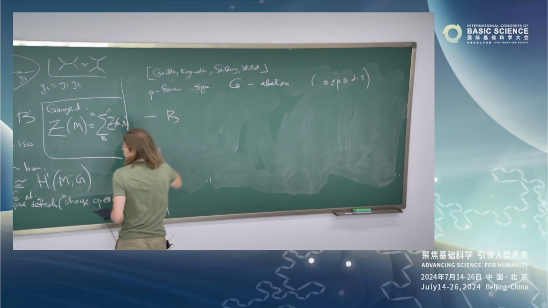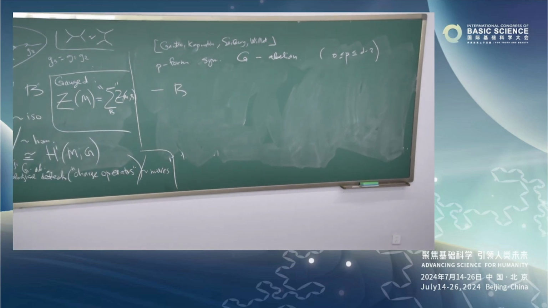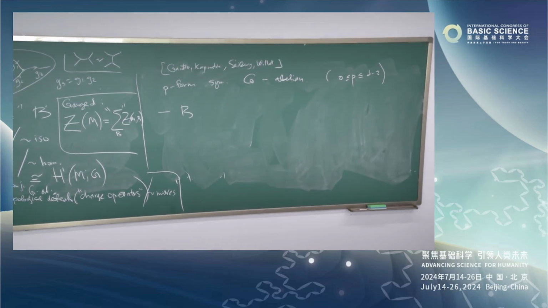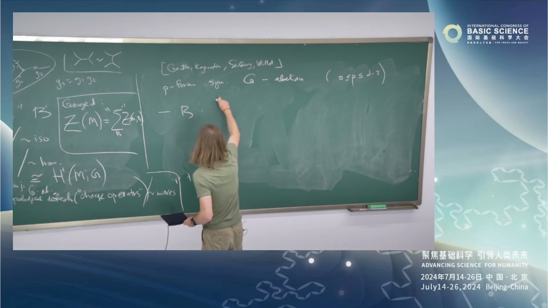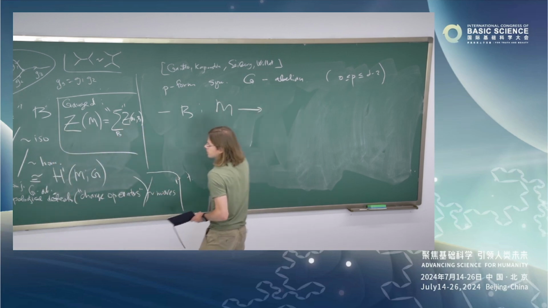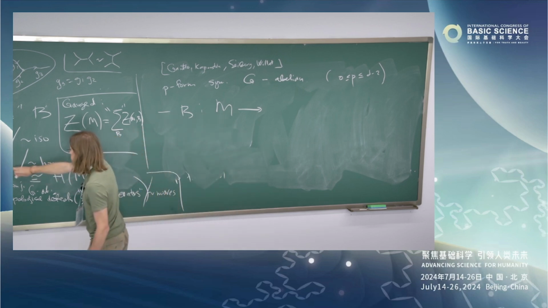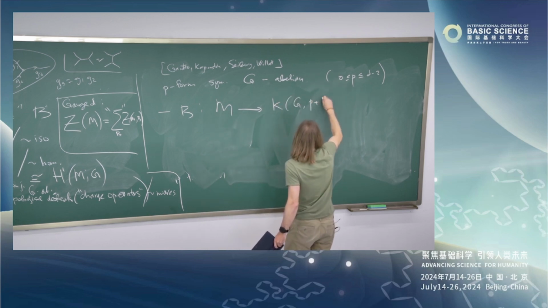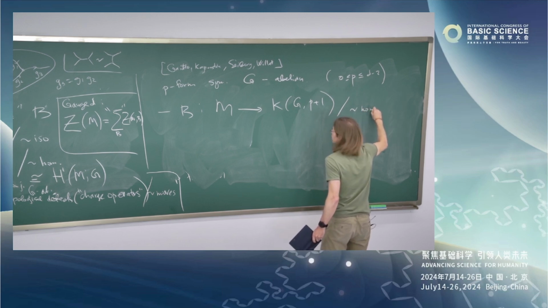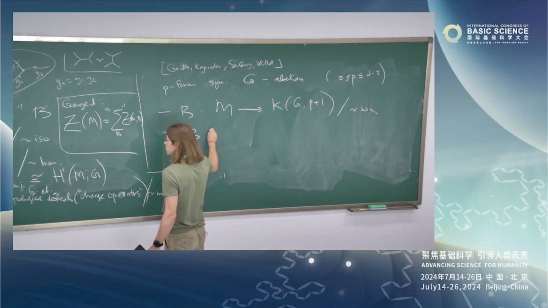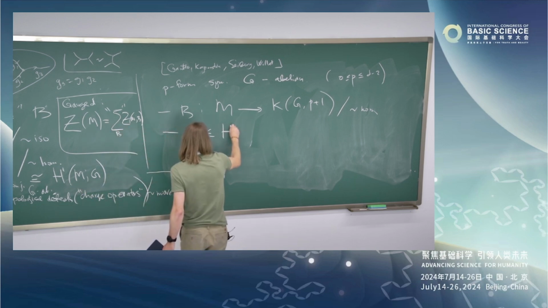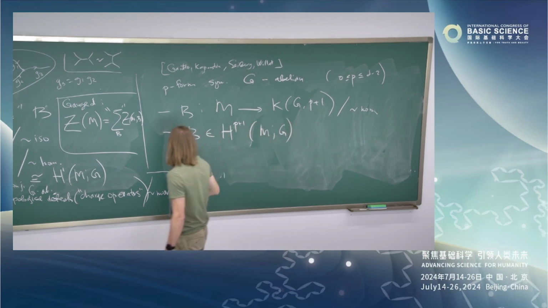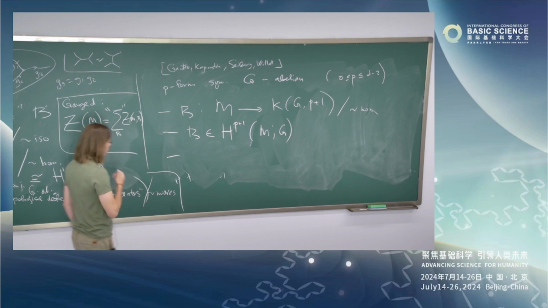I don't want to talk about generalizations of this approach, but I will talk about generalizations of these three approaches. For the classifying space approach, we replace the classifying space with the Eilenberg-MacLane space K(G, p+1). Here we replace the homology group with the p+1 cohomology group; by default I'm talking about singular cohomology.